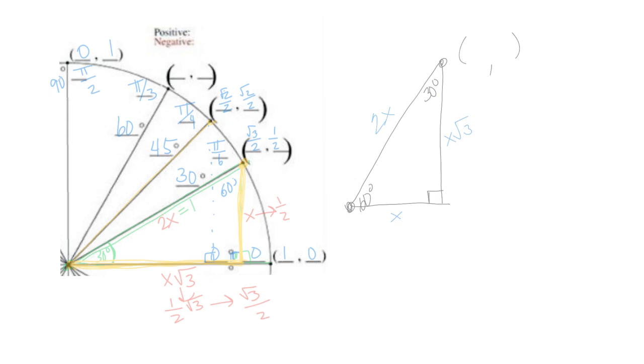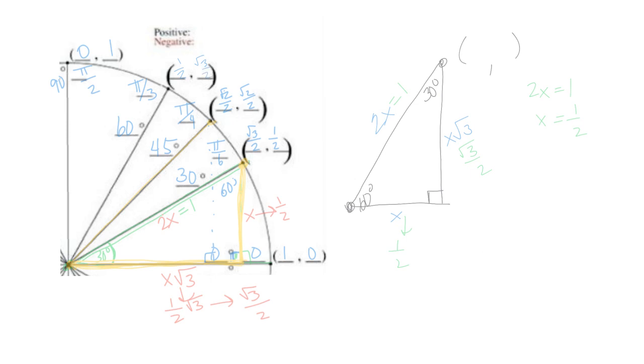Once again, I know that the hypotenuse equals 1, so 2x equals 1, meaning x is 1/2. So that means that this side is 1/2, and this side is root 3 over 2, because 1/2 times root 3 is going to be root 3 over 2. So now I pretty much have the whole first quadrant figured out.